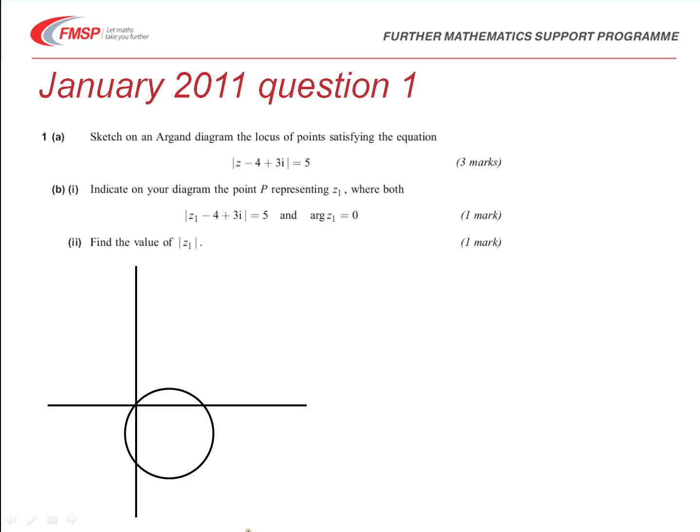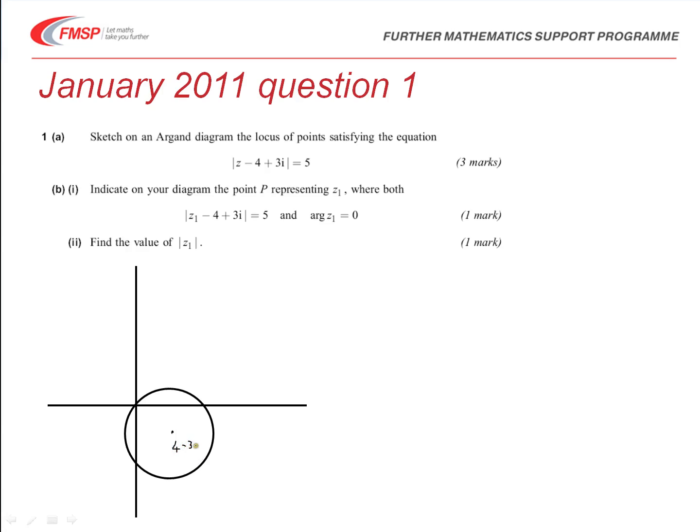And so you can see, here's one I did earlier, and the radius of this circle is 5, and the key thing is that the centre of this circle is going to be at the point 4 minus 3i.